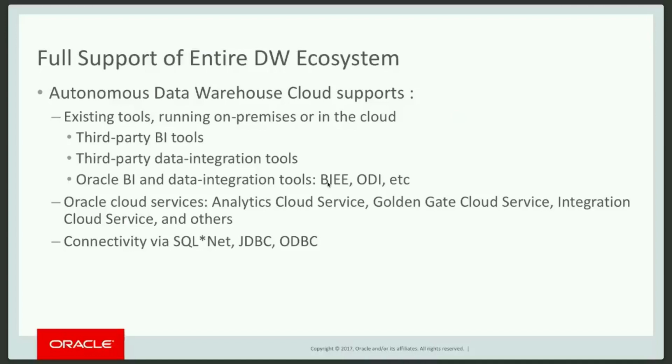Obviously, a lot of our cloud services are already pre-configured. So things like Analytics Cloud Service, GoldenGate, Data Integration Service, all of those services have dedicated connect to Autonomous Data Warehouse buttons or icons within their consoles. But generally, anything where you connect through SQLnet, JDBC, ODBC, as long as those services can cope with secure wallets, that's how you're going to get in.